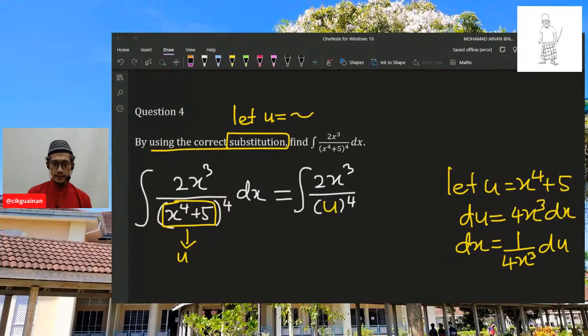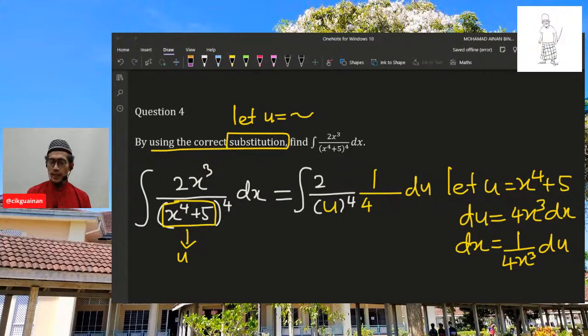So we replace, just like you replace someone with somebody else. Now, you see x cubed here, and x cubed over here also. We can cancel them.